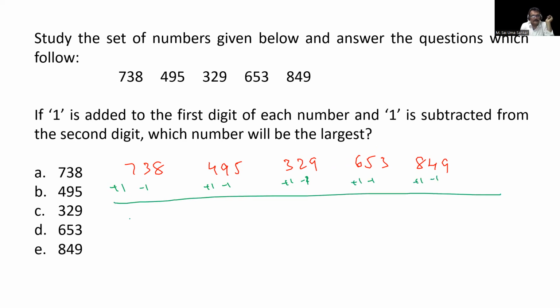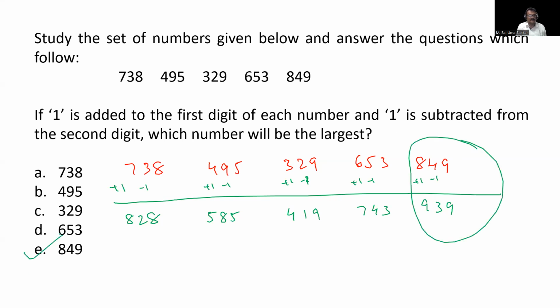Now, what happened? This is equal to 828. This one equal to 585. This one equal to 419. This one equal to 743. And this one equal to 939. What is the question? Which number will be the largest? So 939, 849, which is the required answer.